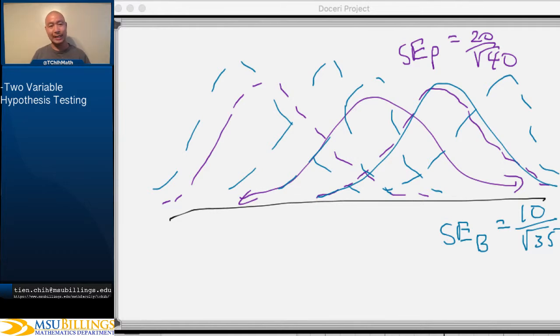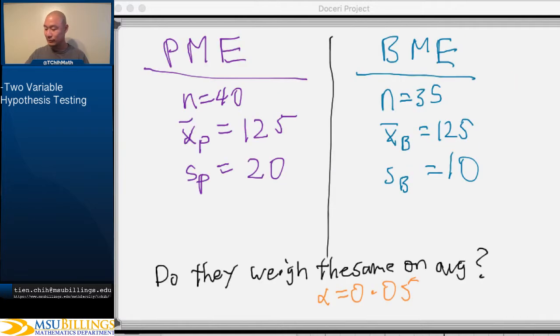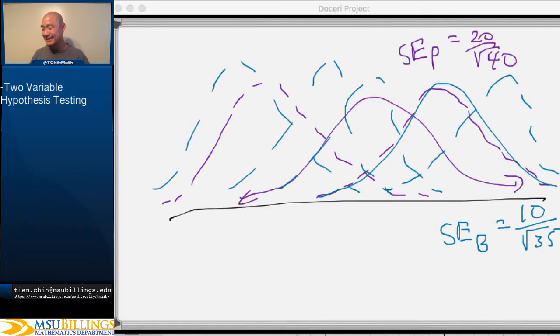And what we're trying to see is how likely is it that they have the same mean, and whether or not them having the same mean could explain results like what we see here. So this gets pretty complicated if we're looking at two different random variables with two different possible means going all over the place.